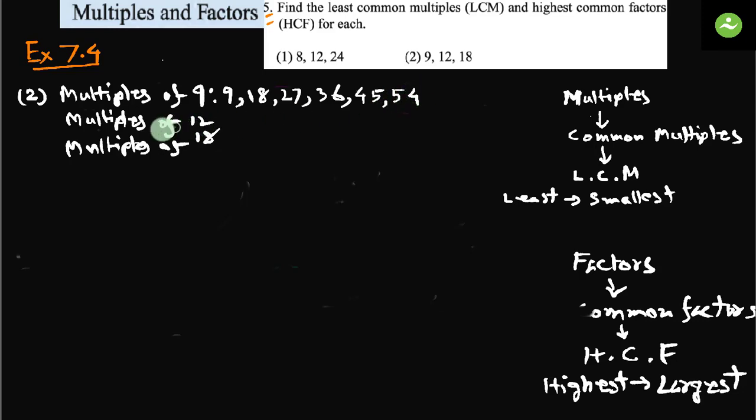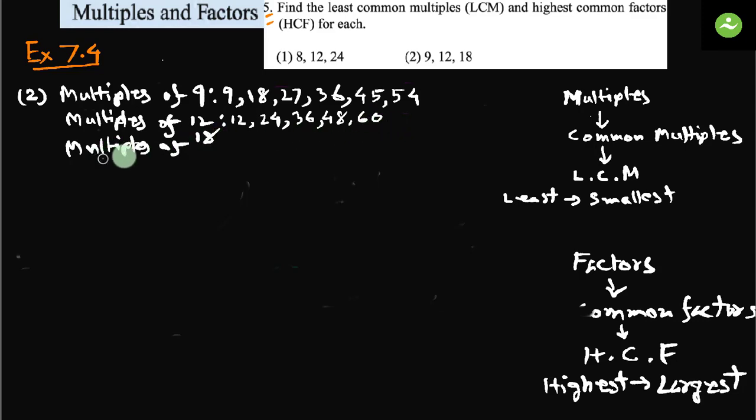Let us stop here. Multiples of 12. 1 into 12, 12. 2 into 12, 24. 3 into 12, 36. 4 into 12, 48. 5 into 12, 60.